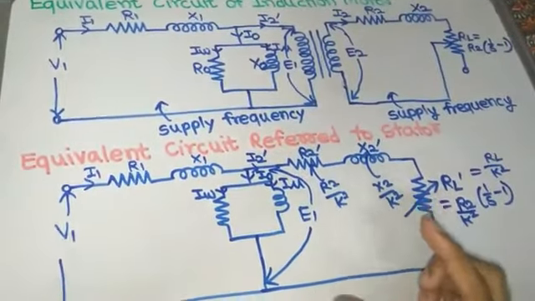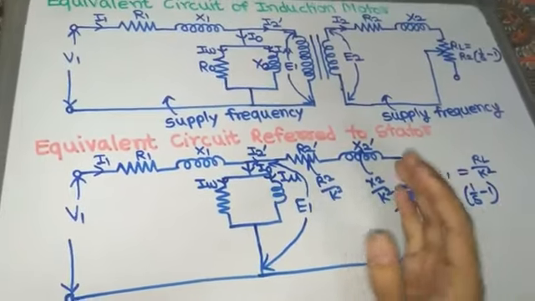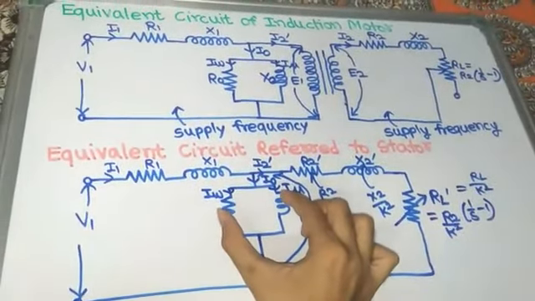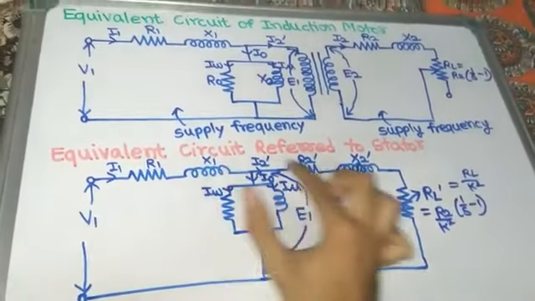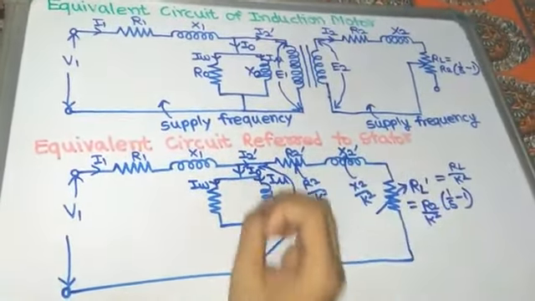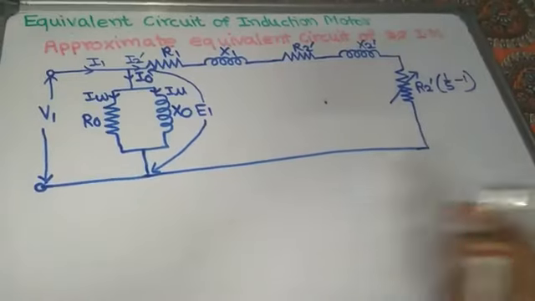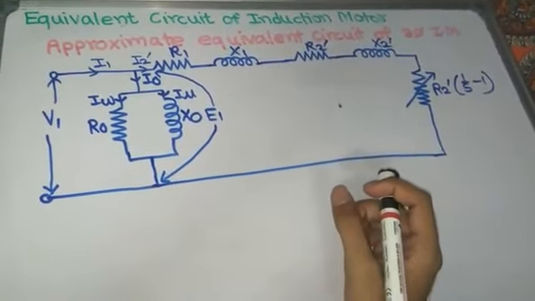Now can we draw the approximate equivalent circuit of the three-phase induction motor? Of course we can, by shifting the shunt branch, meaning the no load current branch, to the left side, and combining R1, X1, R2 dash, X2 dash together. So this is the approximate equivalent circuit of the three-phase induction motor.